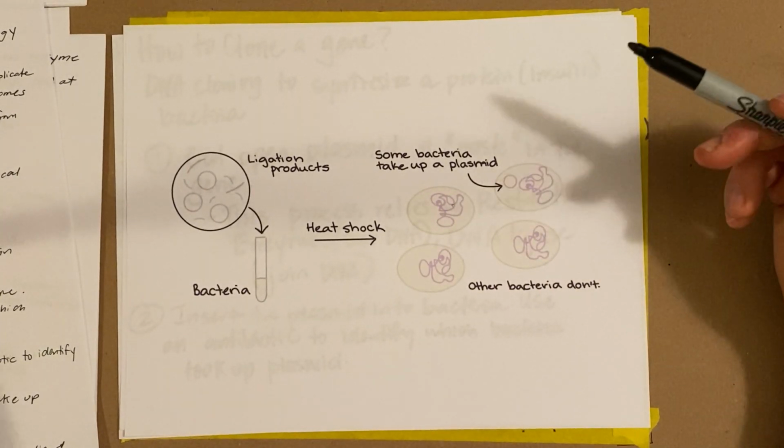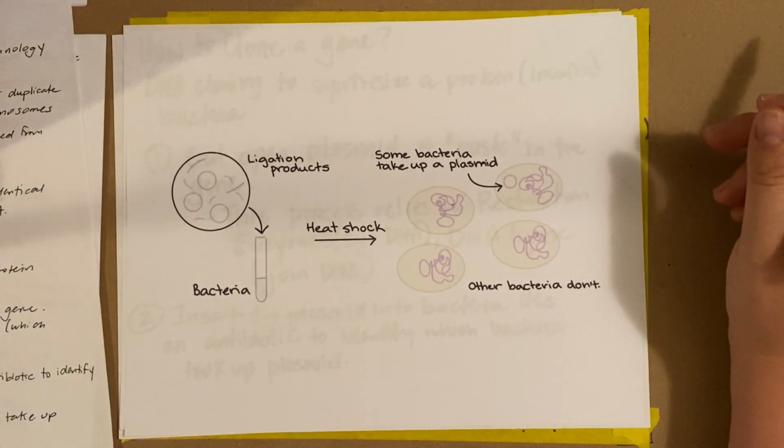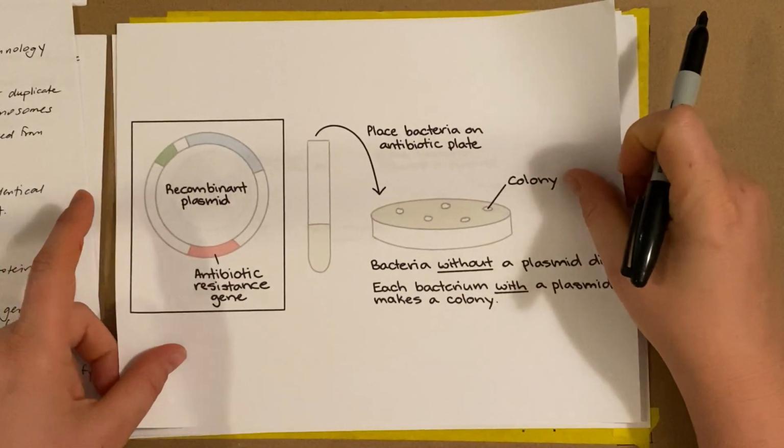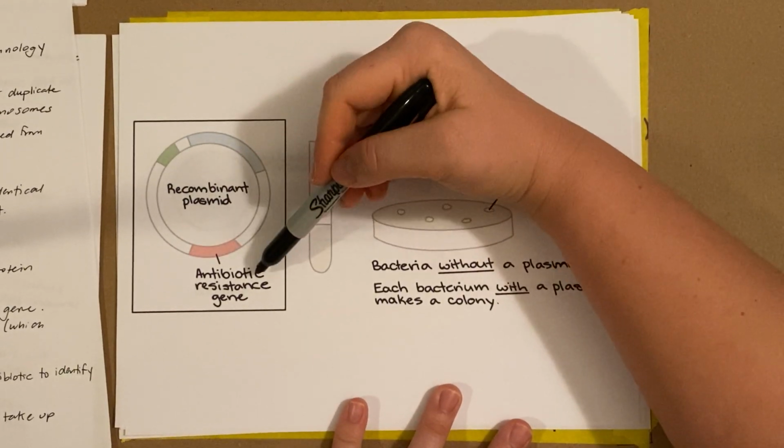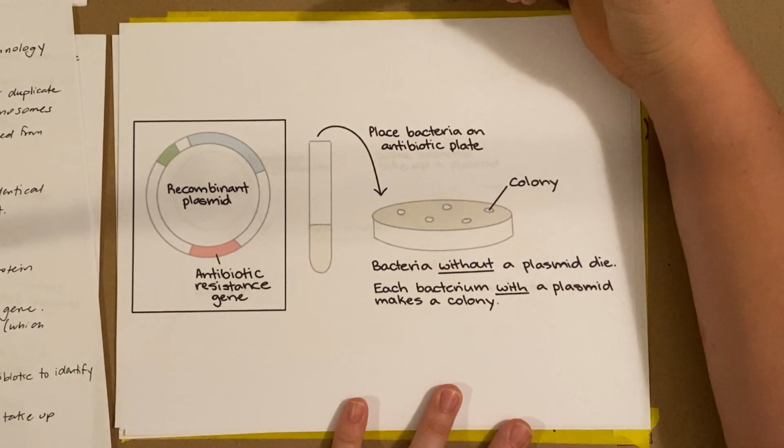Now, one thing that I didn't mention before, I skipped over this, is that one of the things that the plasmid has within it is this red little sequence, and this is an antibiotic resistance gene.